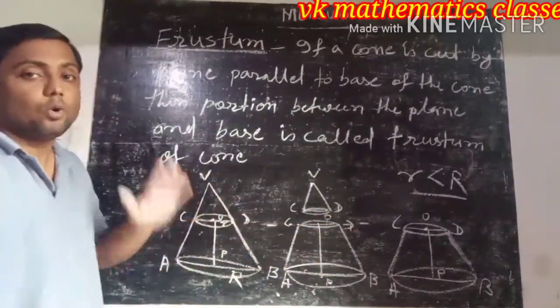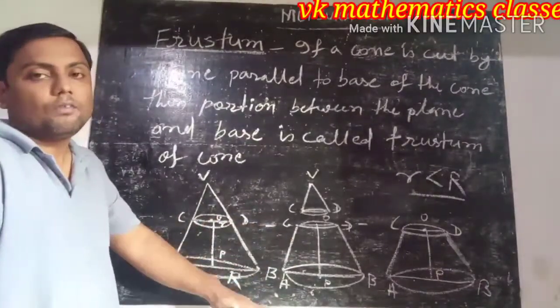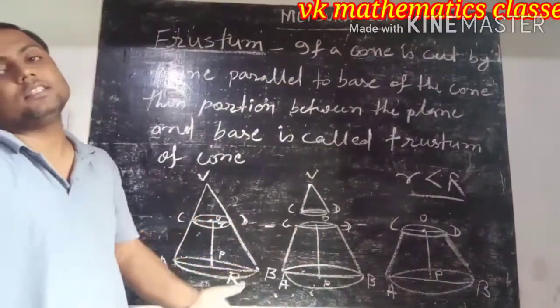That is, when a cone is cut by a plane parallel to its base, the remaining part is known as a frustum.